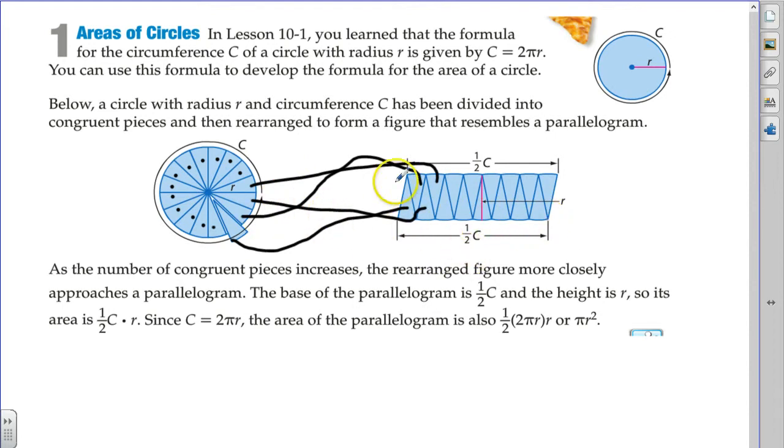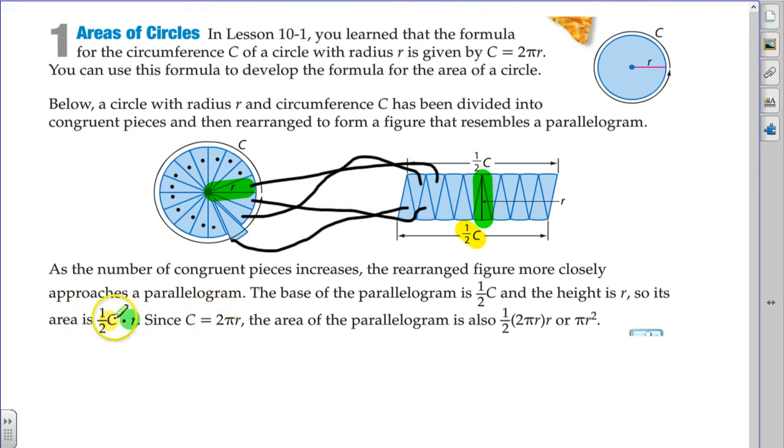So the formula for the area of a parallelogram is base times height. The base is 1/2 C, and the height ends up becoming the radius of this circle.